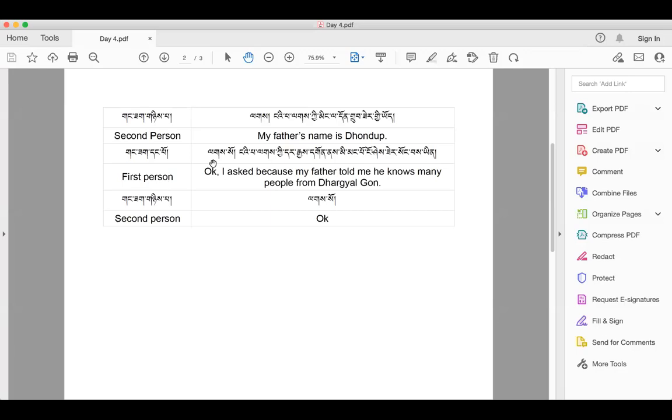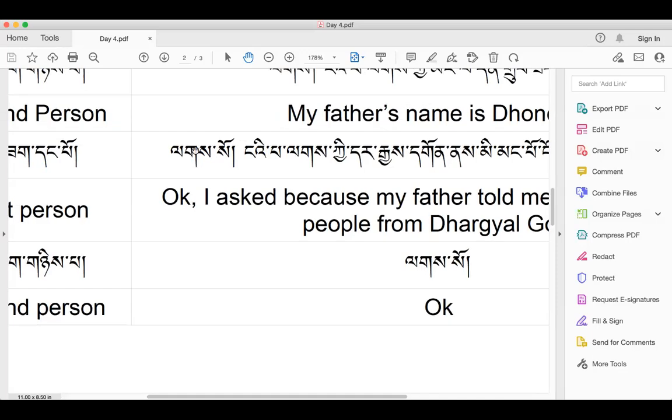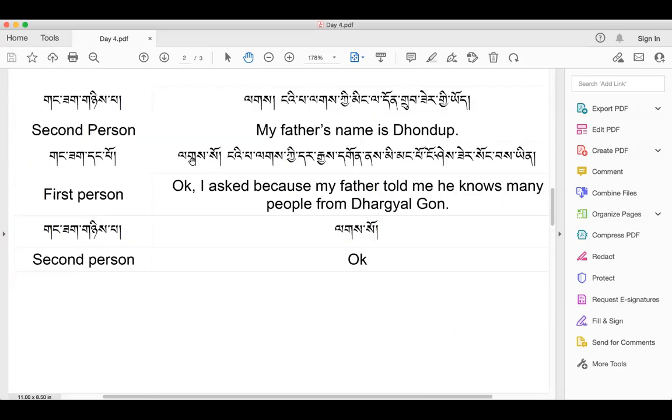Let us go back to the previous one. Continue this. So as you can see in this particular example, this consonant is followed by this particular consonant. And these types of consonant that follow another consonant are known as suffix.